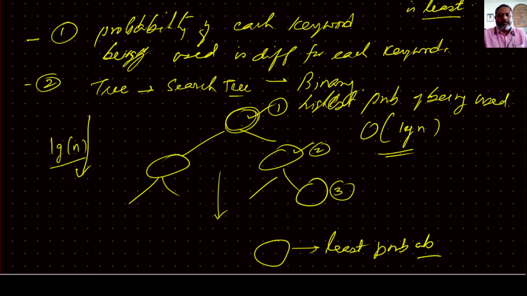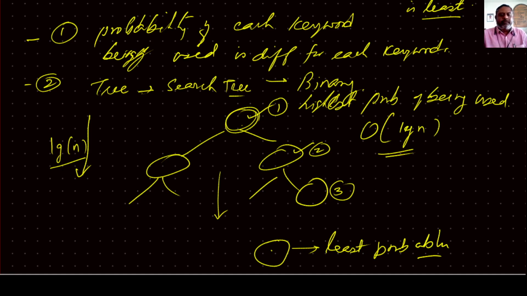So in this way, to reach this point we may take multiple steps, but this is taken very few number of times, and therefore this doesn't make much difference to our search time.